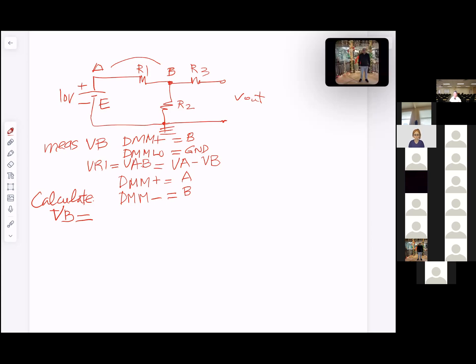Okay, E minus VR1. I understand, but that's not the way to calculate it. The handout I gave you is a summarized, very, very basic version. You have to go over it over and over.